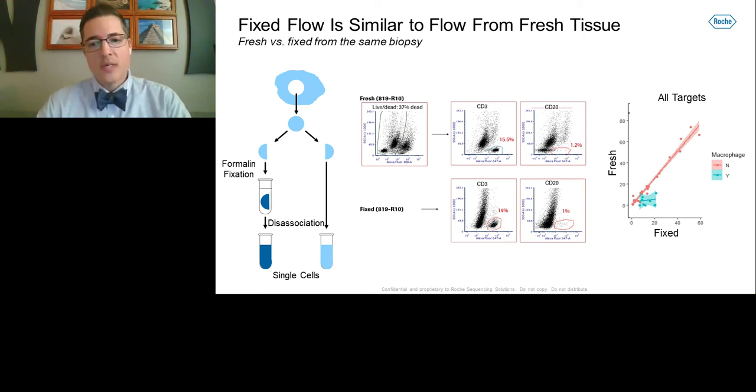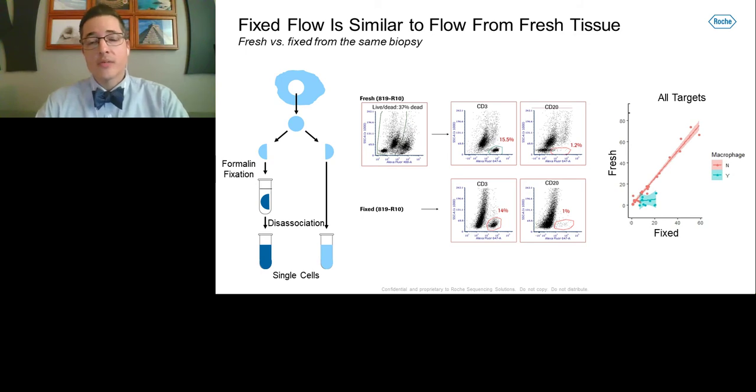So the antibodies that we're using to mark macrophages maybe just don't work great for fresh macrophages. That's one possibility. The other possibility, which we're very interested in looking at, is whether some of those macrophages are the dead cells in that live-dead discrimination.